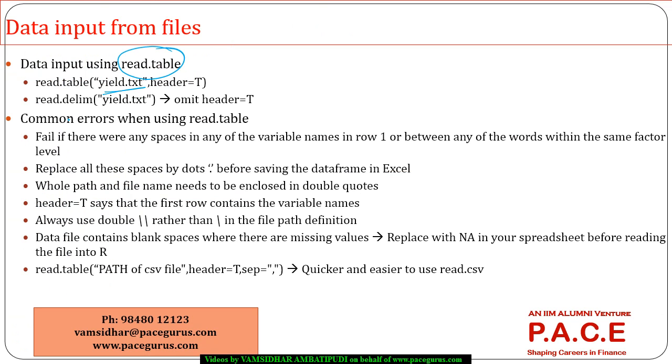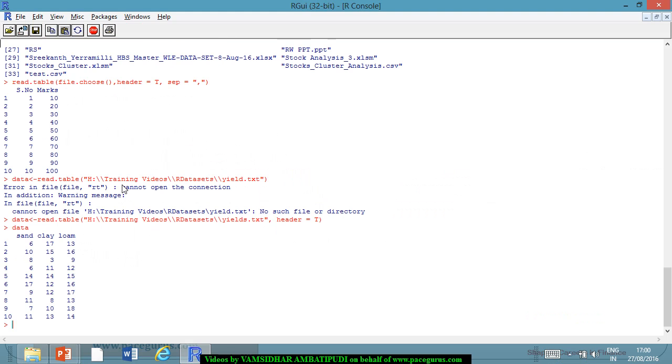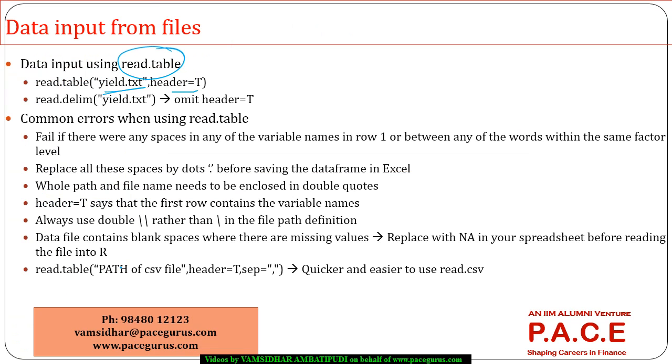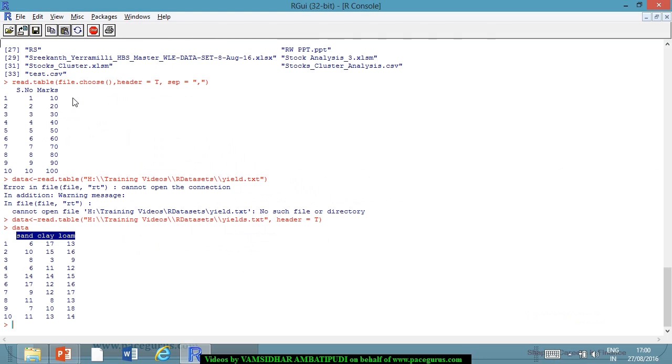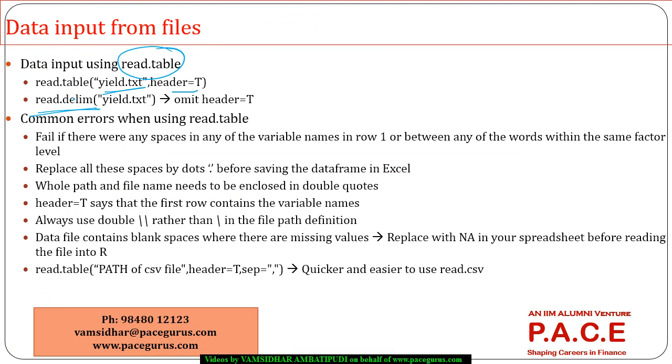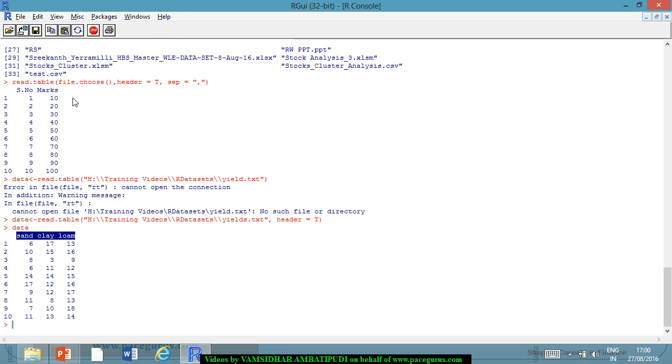Here in this case I have read the whole file, and by setting header equal to true, it is putting the first row as the header. In some cases I can simply put read.delim. So when I say read.delim, the header is simply omitted.